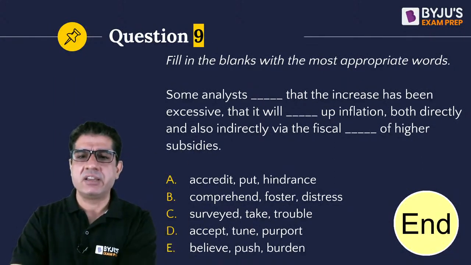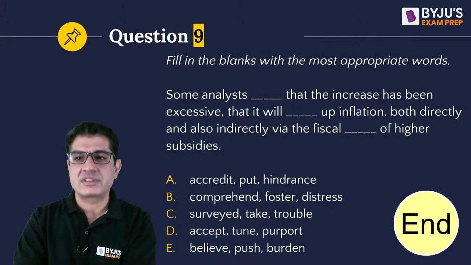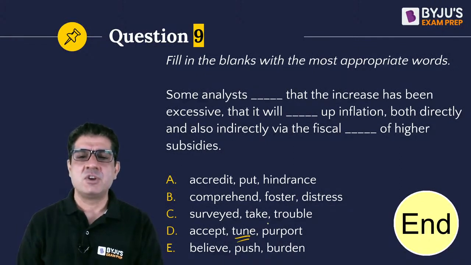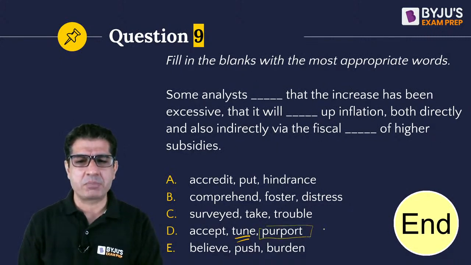Let's look at D. Some analysts accept that the increase has been excessive, that it will tune up inflation. Now this is where we have a problem. Purport basically means claim. Doesn't make sense, right?